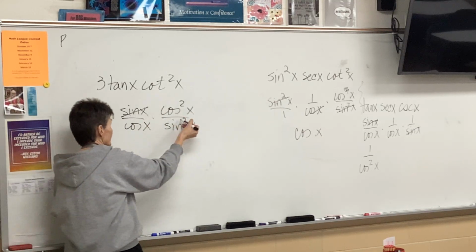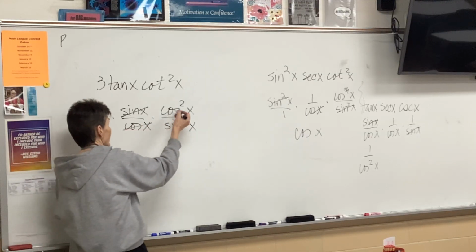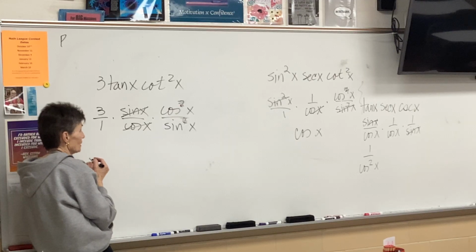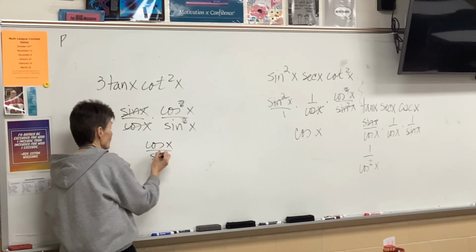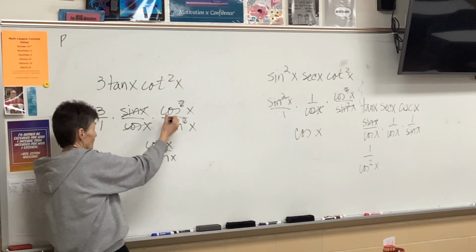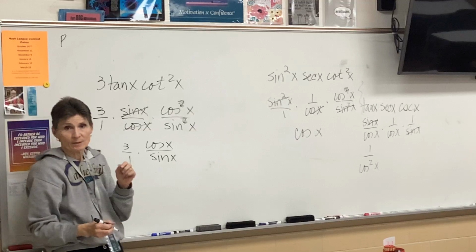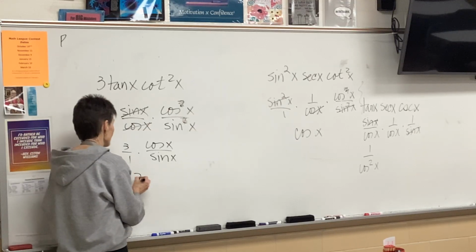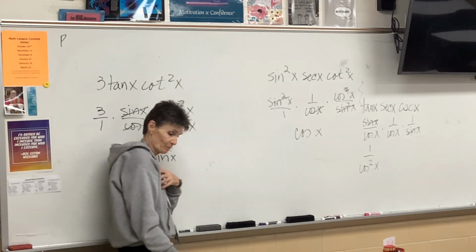That sine is going to cancel with one of these. And that cosine is going to cancel with one of those. So it looks like I'm going to be left with a cosine over a sine. And my 3. What is cosine over sine? We can rewrite that. Cosine over sine is cotangent. So this one boils down to cotangent.